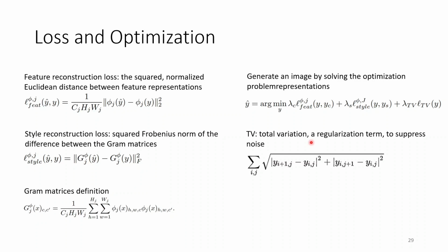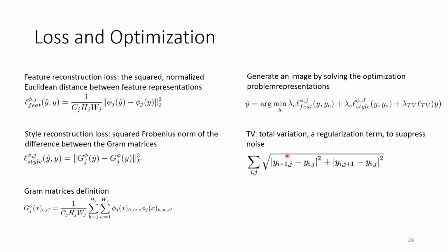Why does it make sense? Because for most natural images, there are a lot of smooth areas. The gradient between two pixels is relatively small, and there are only a few very sharp edges whose gradient is very large. Therefore, the overall total variation term should not be very large.